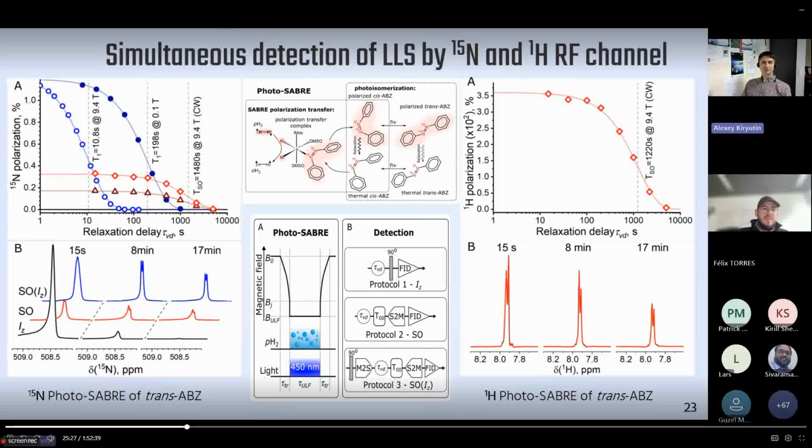It's an interesting topic. This makes sense. We have a question from Sadam Adebayo. Thank you for the good work. My question is, does this signal enhancement help in the acquisition of 2D NMR spectra? Yeah, sure, it's possible. I think I have even done a 2D experiment with the hyperpolarized azobenzene.